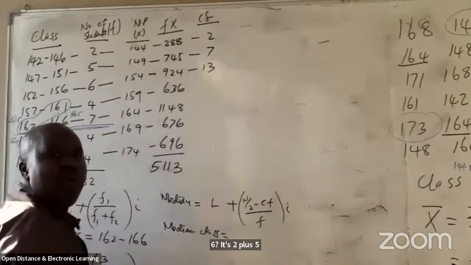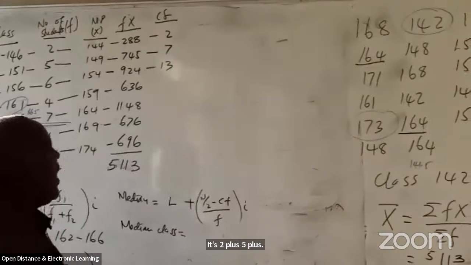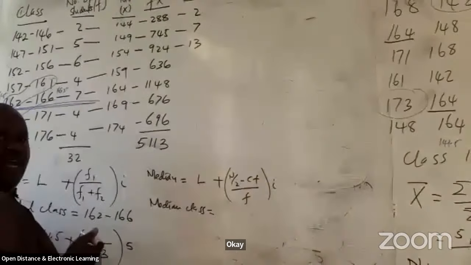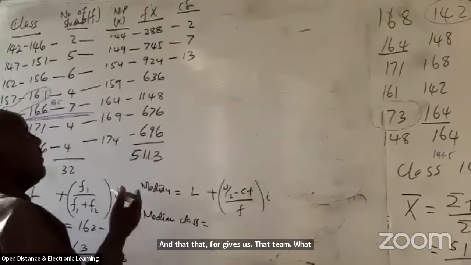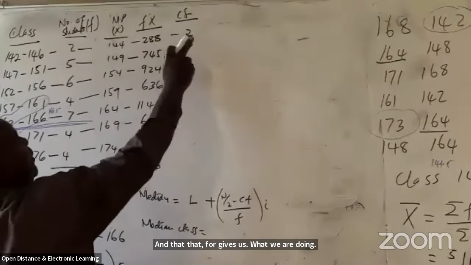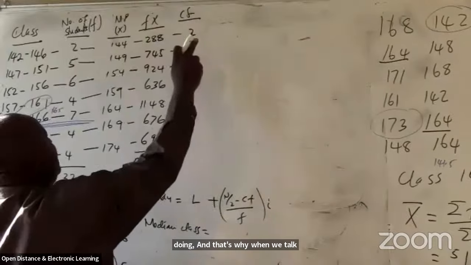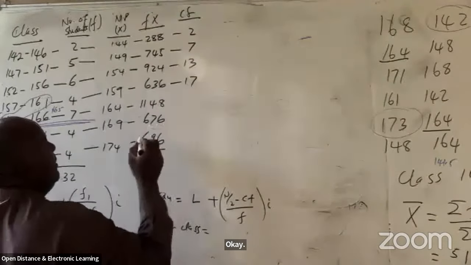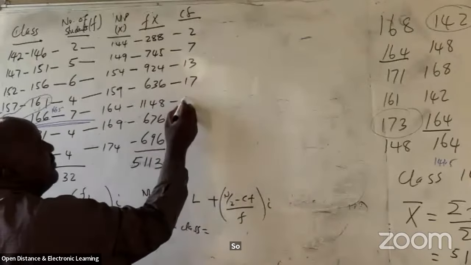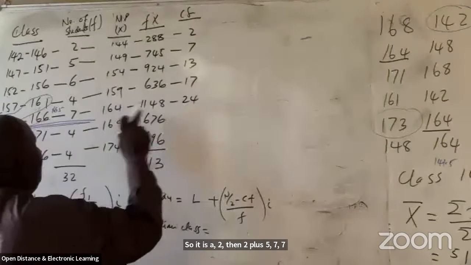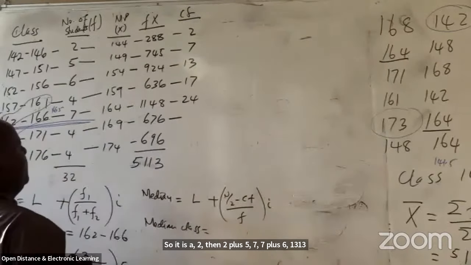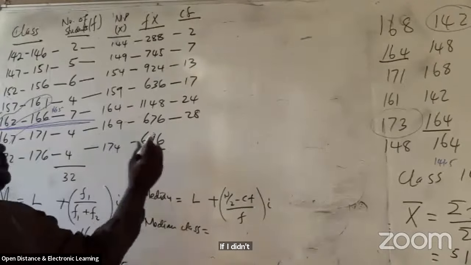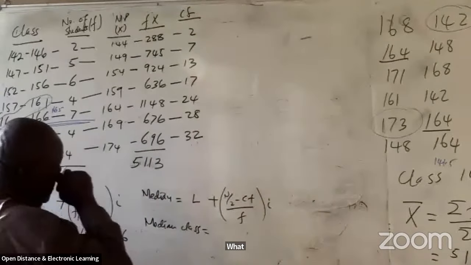What we are doing is accumulating. That's why when we talk of cumulative frequency, we are accumulating the frequencies as we go by. So it is 2, then 2 plus 5, 7, 7 plus 6, 13, 13 plus 4 gives you 17, 17 plus 7 gives you 24, 24 plus 4 gives you 28, and then 28 plus 4 gives you 32.